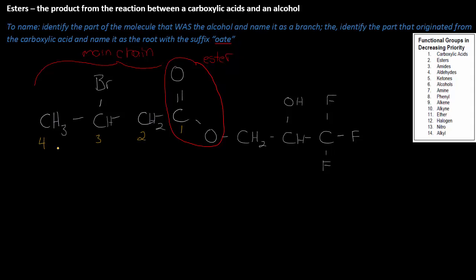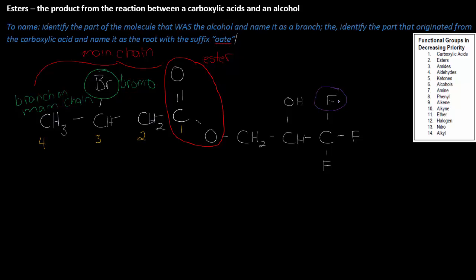The main chain is a but- chain, all right, because there are 4 carbons. This is the part that came from the carboxylic acid, or that would have come from a carboxylic acid. All right, it's substituted at carbon 3 with a bromine, so it's a bromo at carbon 3. Now, this is a branch on the main chain, which becomes important in terms of order in a minute.